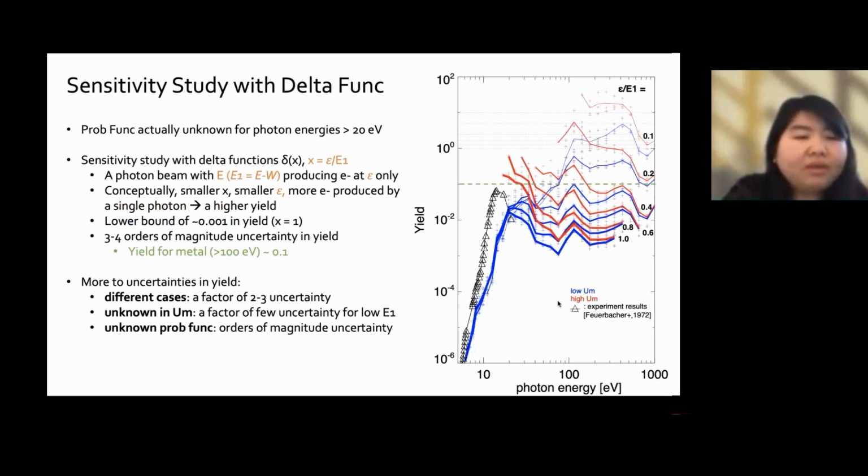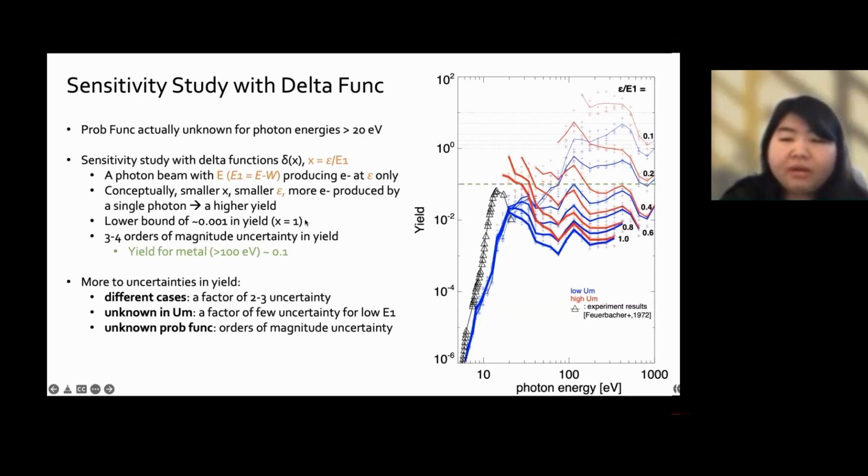So we did a sensitivity study with the delta function, which says a single energy photon beam will produce only one energy of photoelectrons. Conceptually, the smaller x is, which is to say 10 eV photons can produce more 1 eV photoelectrons than 5 eV, the higher the yield.